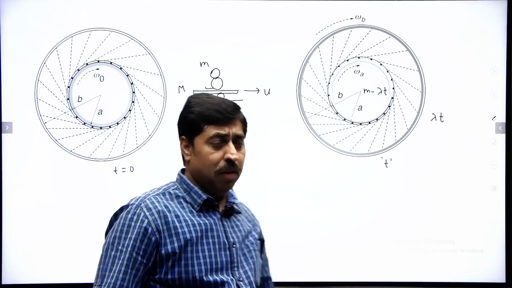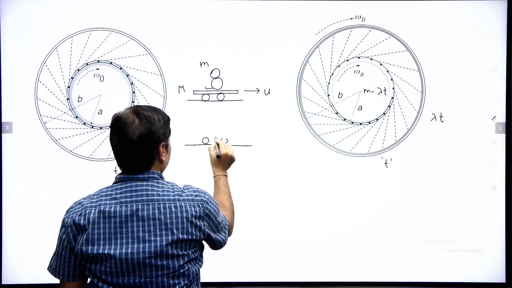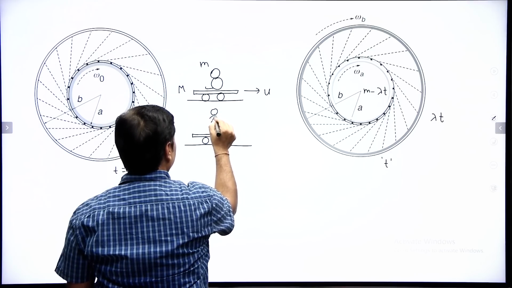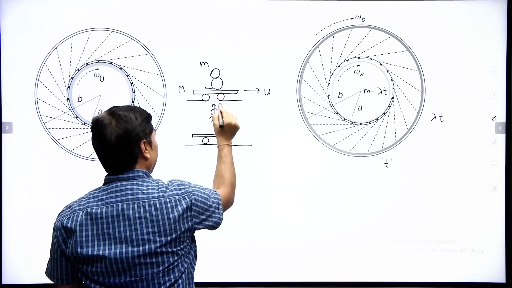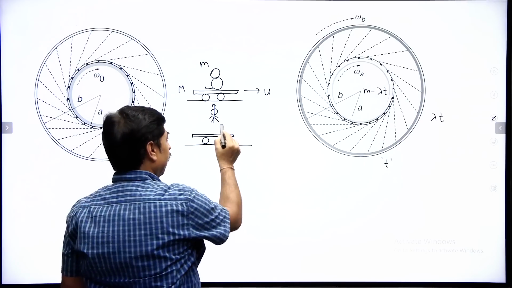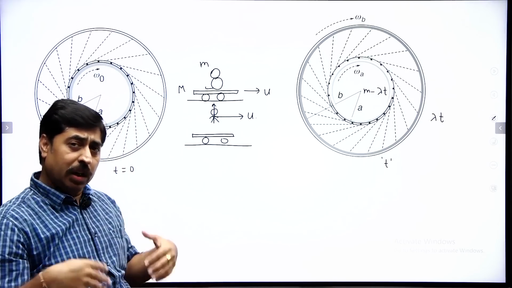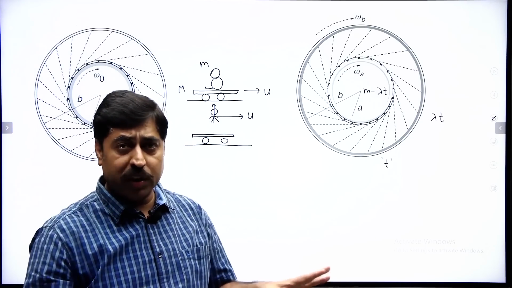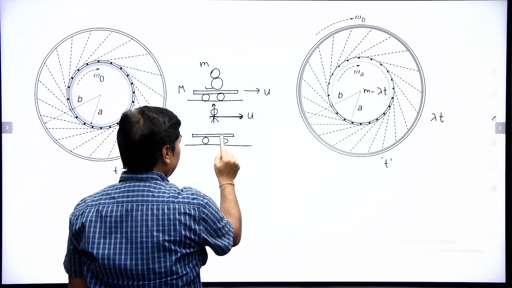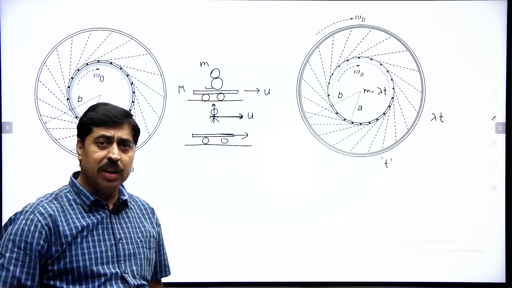The answer is no. The monkey has gone up, but it has jumped vertically up, and the motion in its body has not changed. So if the momentum of the monkey has not changed, why will the momentum of the cart change? So the velocity will remain unchanged.